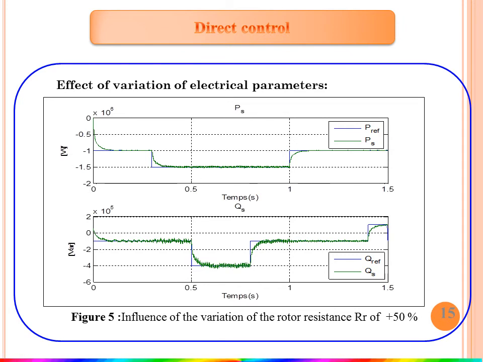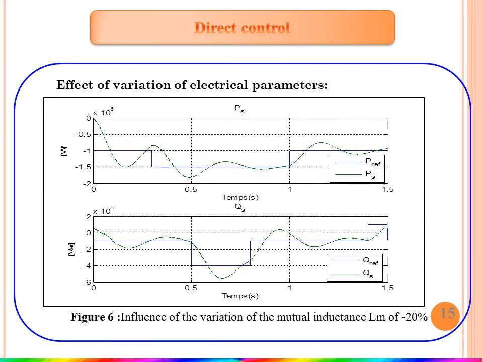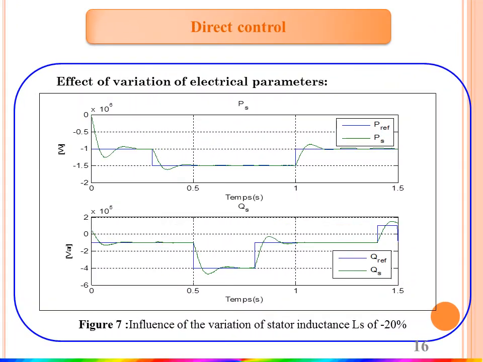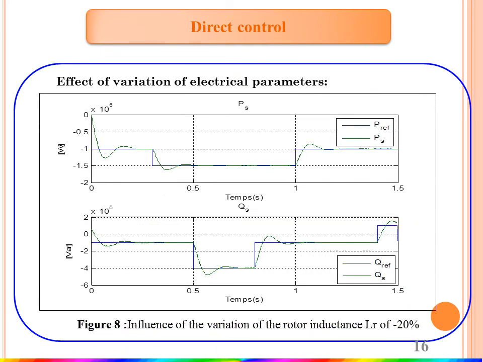Figure 5 shows the influence of the variation of the rotor resistance Rr of plus 50% and Figure 6 the influence of the variation of mutual inductance Lm of minus 20% on active and reactive power. Then Figure 7 shows the influence of the variation of stator inductance Ls of minus 20% and Figure 8 the influence of the variation of the rotor inductance Lr of minus 20% on active and reactive power.